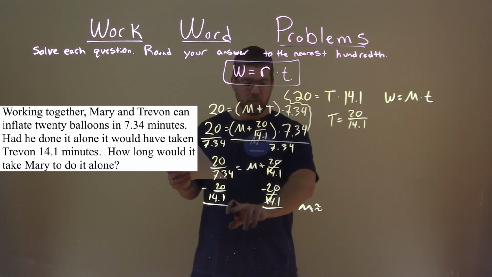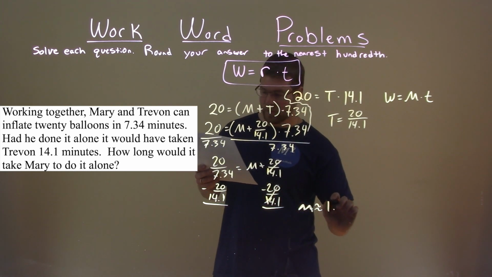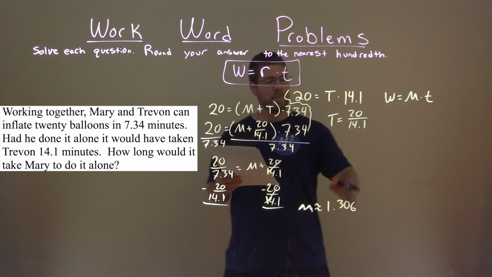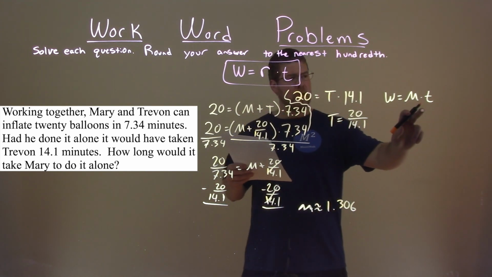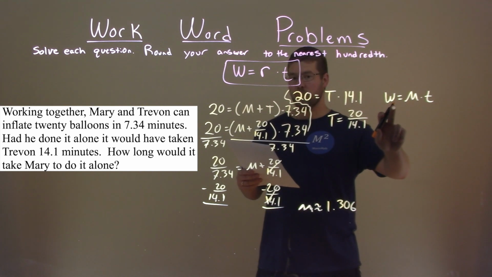All right. Well, that comes out to be, when we subtract them, approximately 1.306. So what can we do here? Well, we know Mary's rate, and we know the work is going to be 20 balloons.